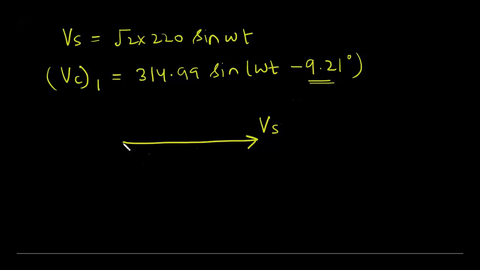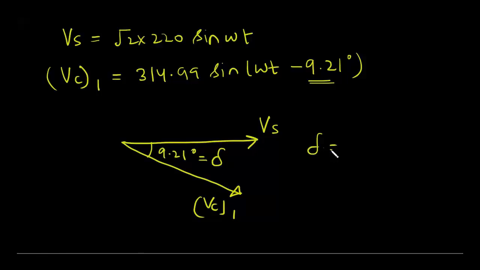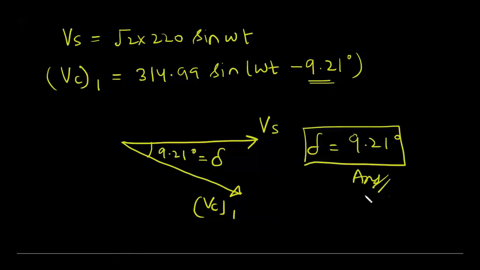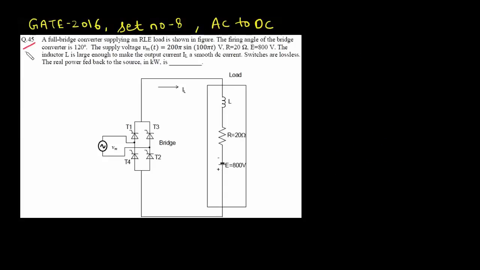It is lagging, and this is equal to delta. So delta is equal to 9.21 degree. This is the answer for this question. This is question number 45.